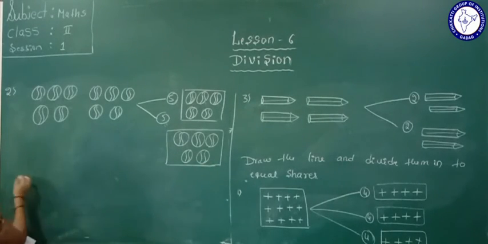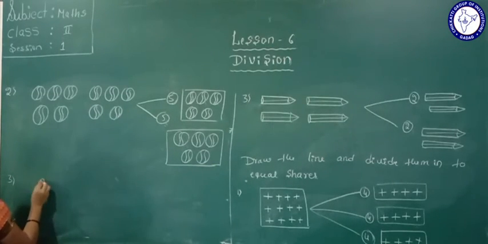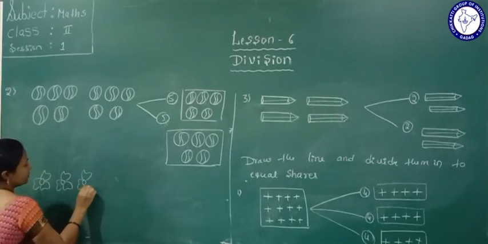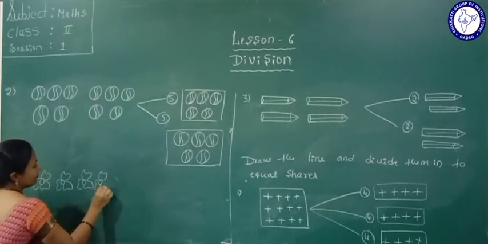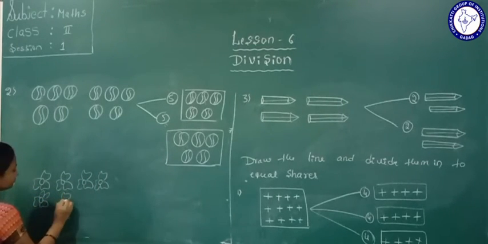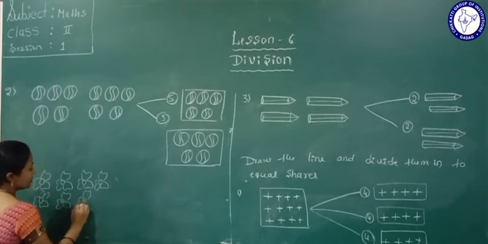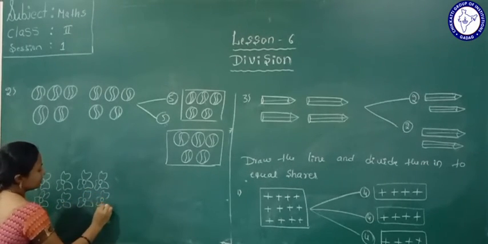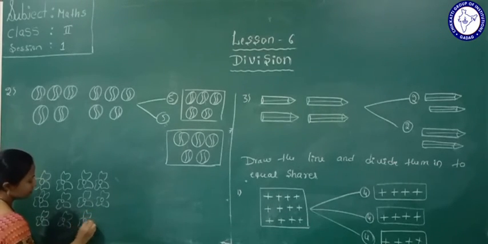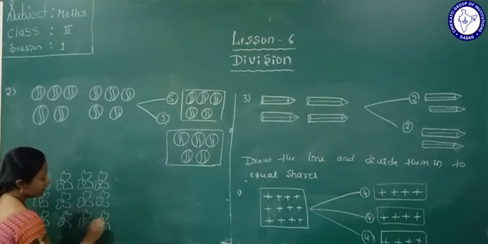Okay. So third one, next one, they have given here totally 12 flowers. How many flowers? 12 flowers. 1, 2, 3, 4, 5, 6, 7, 8, 9, 10, 11, 12.